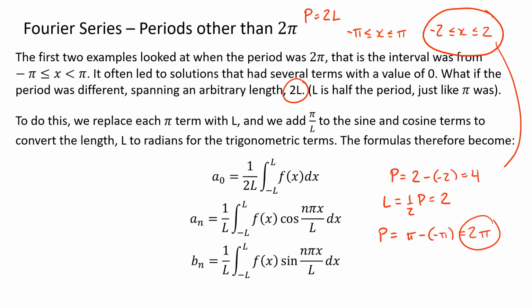The second piece that we do is, remember, this was cosine of nx. Now it becomes cosine of n times pi x divided by L. All that is, we added the pi by L term to convert all of our arbitrary lengths into radians. That's all that piece is doing, converting it to radians to make it easier so that when we do our cosine and sine integrals, we're always going to have some value of pi.